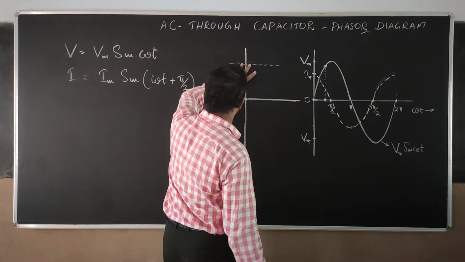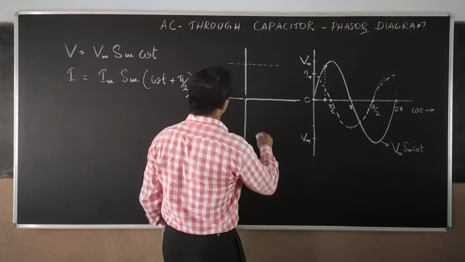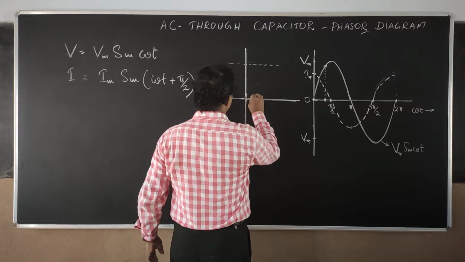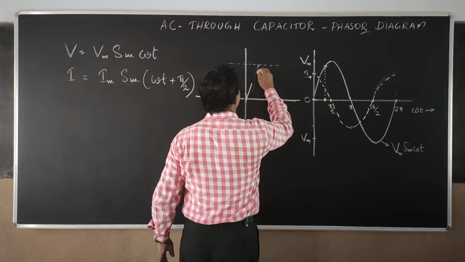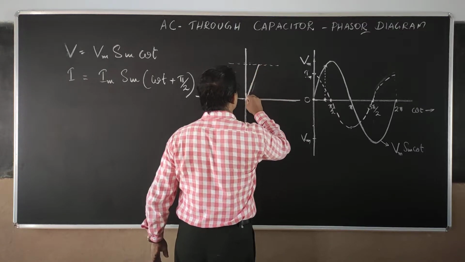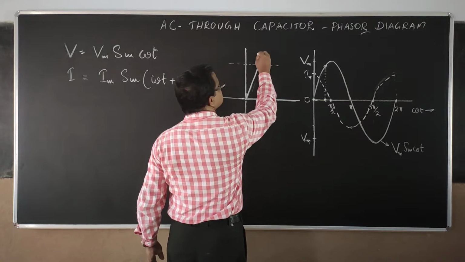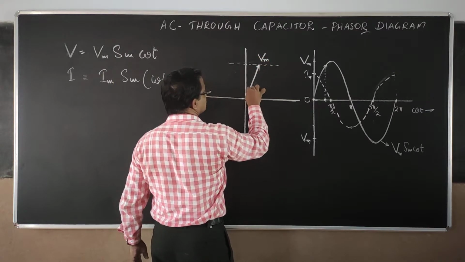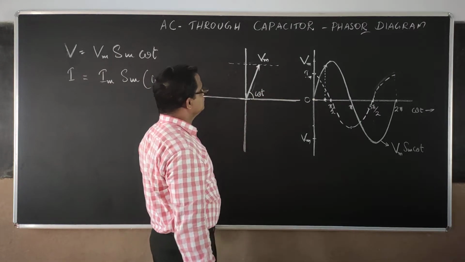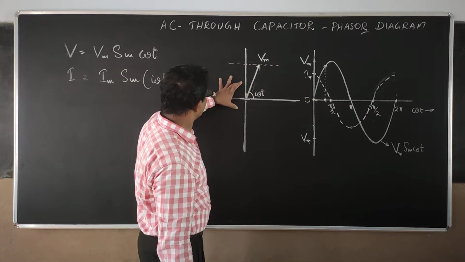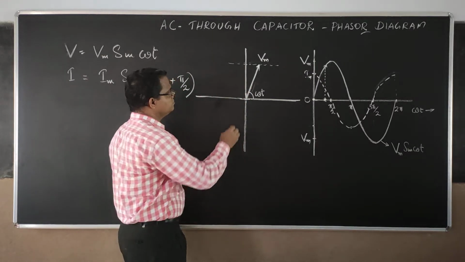I'll keep it over here and I draw this one. And what I'm getting is the value somewhere here. This is Vm, so that this is omega t. So I get this as V equal to Vm sin omega t over here.